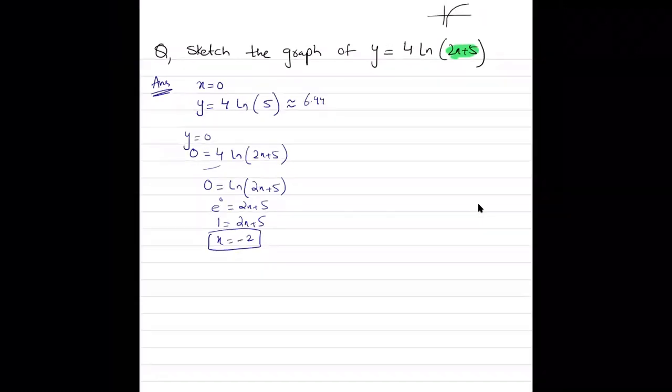If you ever want to check for which values of x this function is defined, you take the inner term, that is 2x plus 5, and you need to remember that whatever is inside the bracket needs to be positive, because ln of a negative number or 0 is not defined. So this value must be greater than 0. So x must be greater than minus 5 by 2.